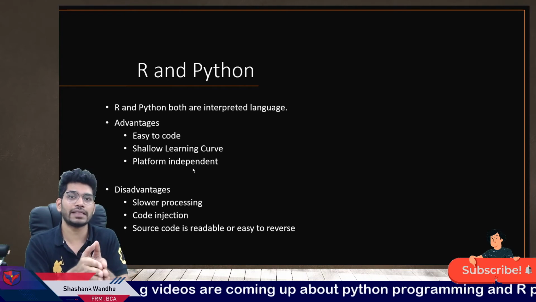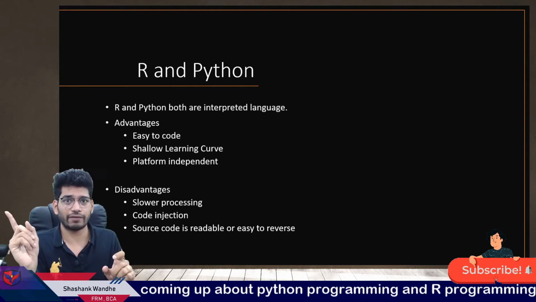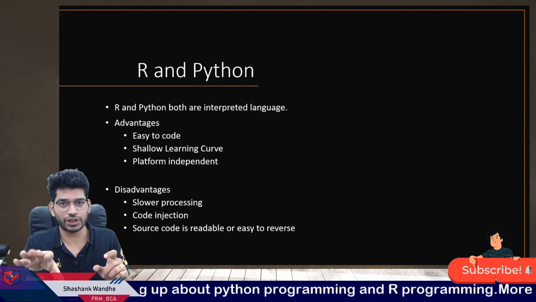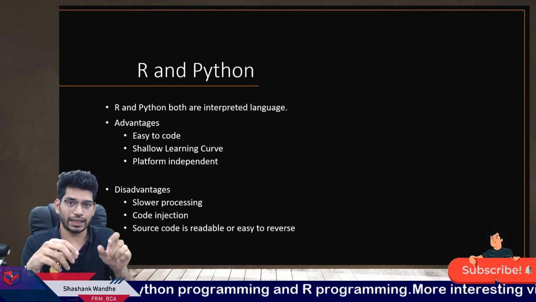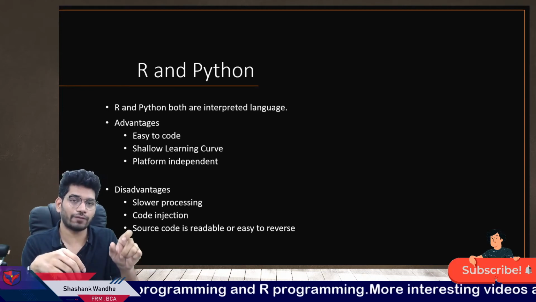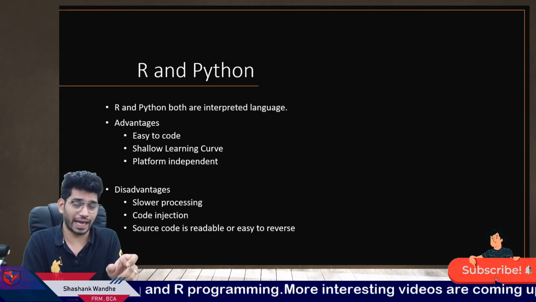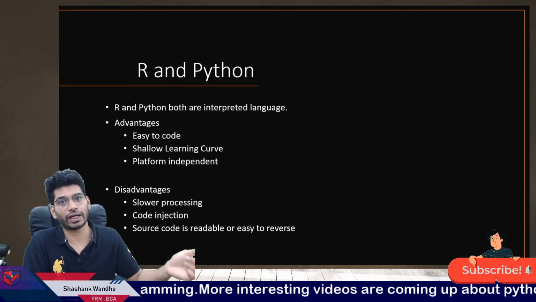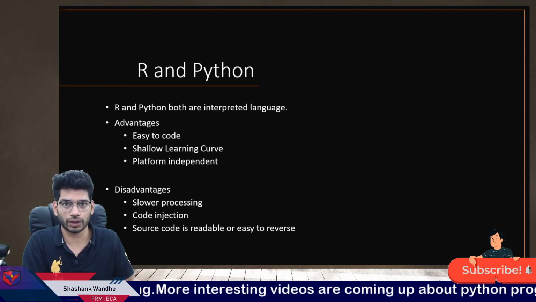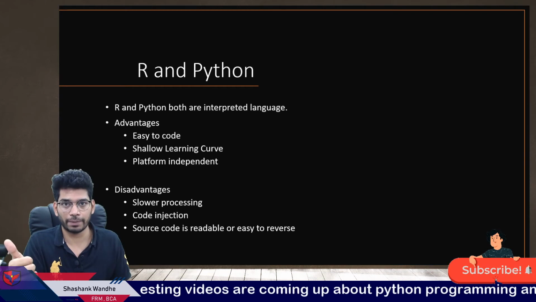Platform independent means, remember one thing, whenever you generate a binary code for a middle level or machine level language, when it is compiled on one particular platform, you cannot directly carry that binary file and place it on, say, you worked on Windows and you take it to, say, Mac. It will not work. So the binary files are not platform independent.